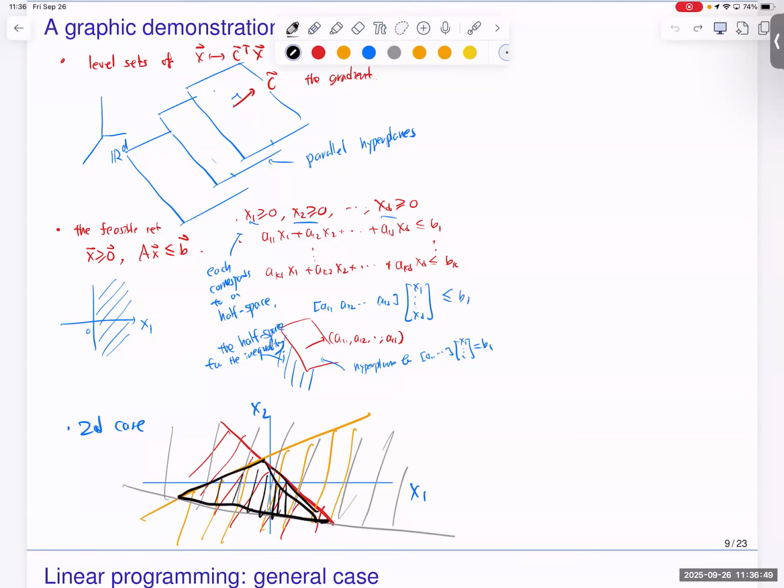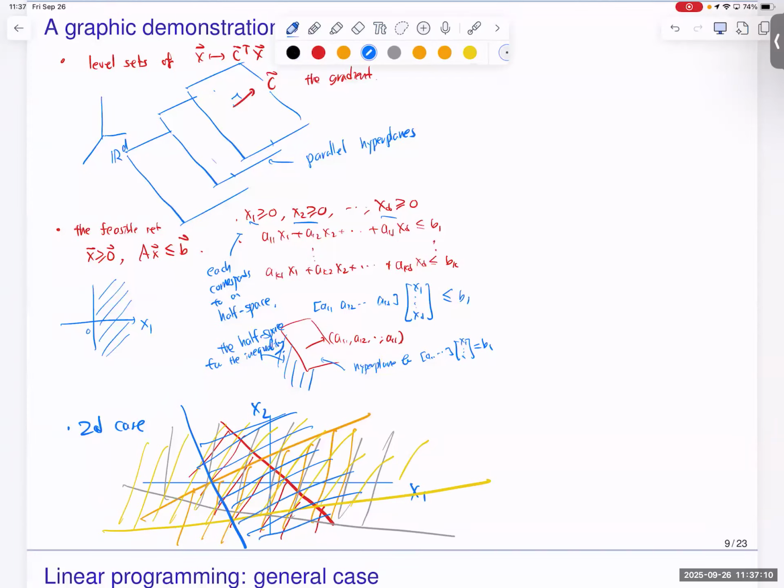Or maybe I want to consider more. Okay, let's consider some half space like that. And then I'm running out of color. Okay, blue. And some half space like that. Okay, then the resulting space, the intersection will be like, it's challenging. This.